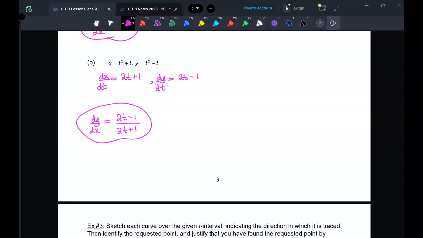Now I want to take the second derivative, which is going to be d dt of that result over dx dt, which is 2t plus 1.